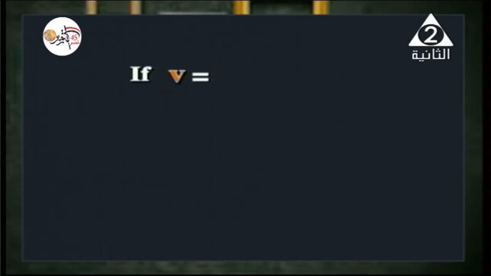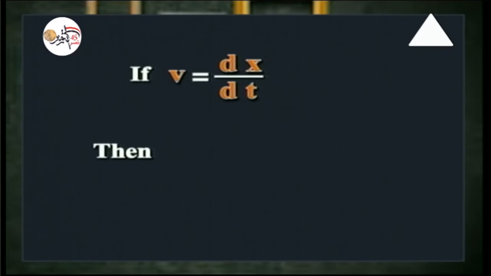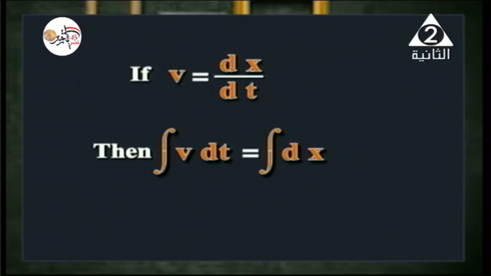If v, my dear student, equals dx over dt, what do you mean? Velocity is the derivative of the position vector with respect to time t. What do we deduce? We deduce that the integration of v dt equals what? The integration of dx.